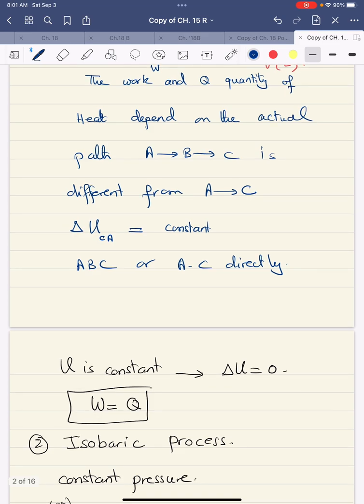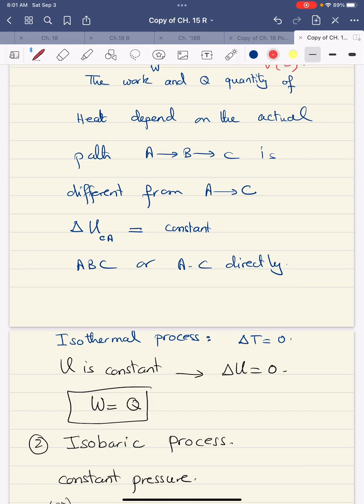When it is isothermal, it means the change in temperature equals zero. We said U depends on temperature, so U is going to be constant, and therefore delta U is 0.